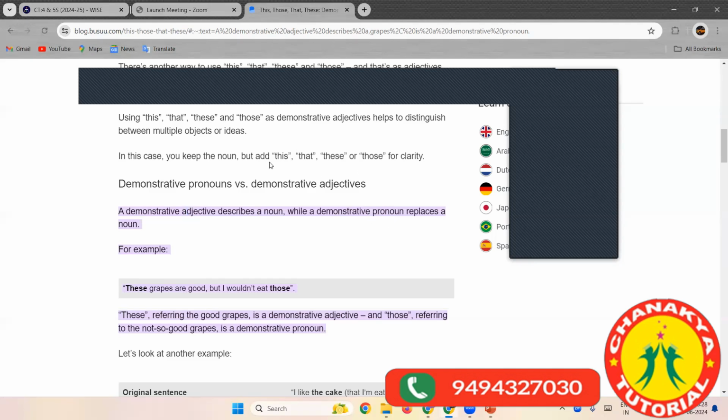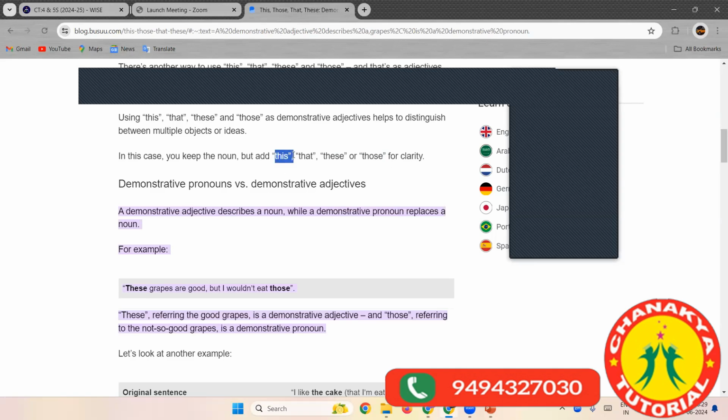Now the task is use these four words such that they both act as a demonstrative adjective and pronoun. All the four belong to both categories, demonstrative adjective and demonstrative pronoun. But how you will use and where you are using it, that is important.